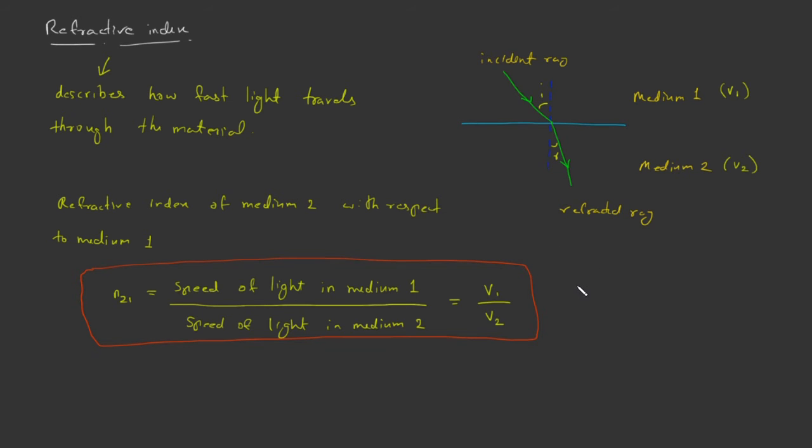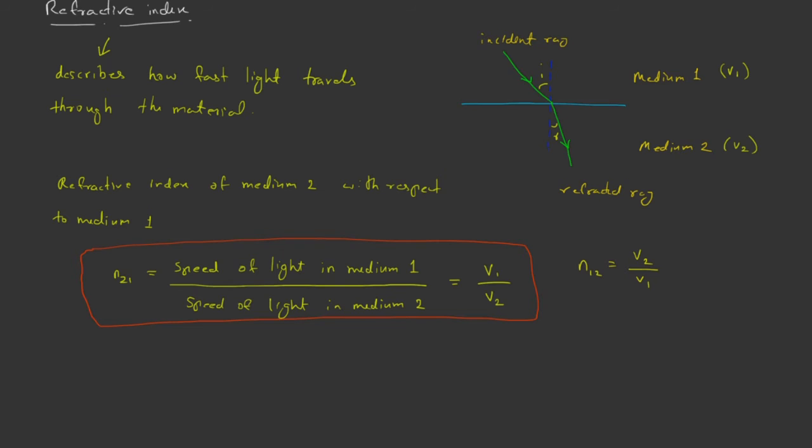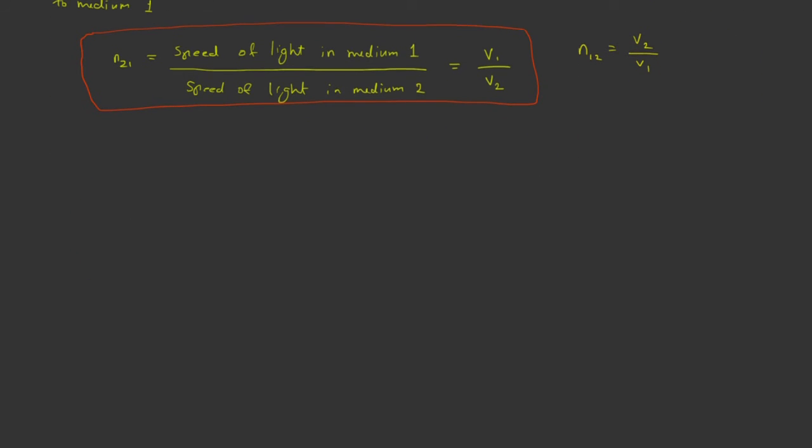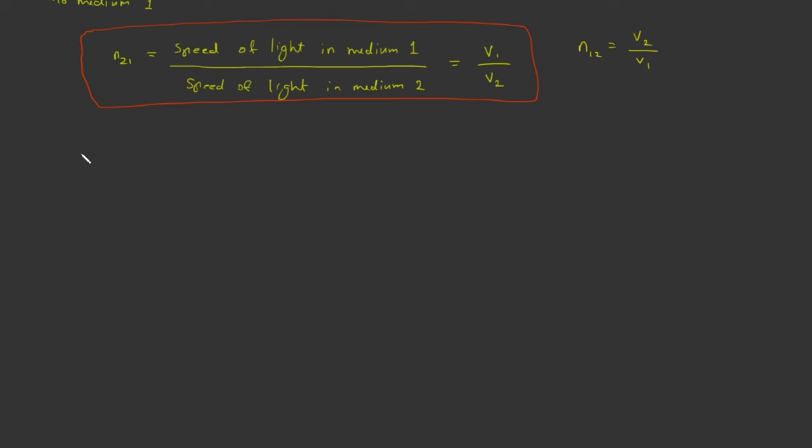In the similar way, we can write n12 is equal to v2 by v1. That is, refractive index of medium 1 with respect to medium 2 is speed of light in medium 2 divided by speed of light in medium 1. Now we know speed of light in vacuum is taken as 3 into 10 raised to 8 meter per second.